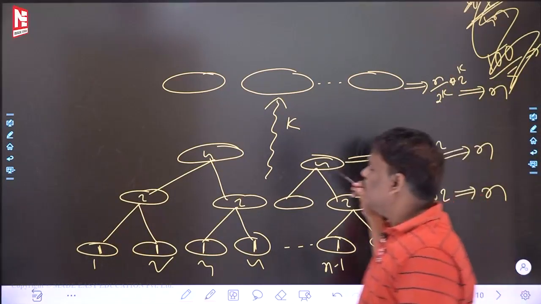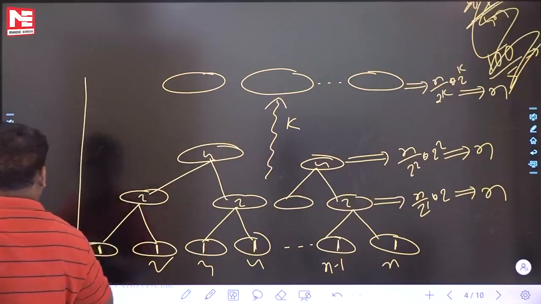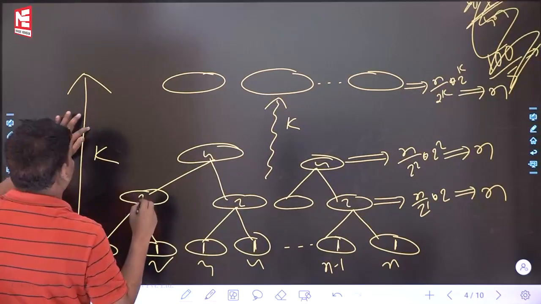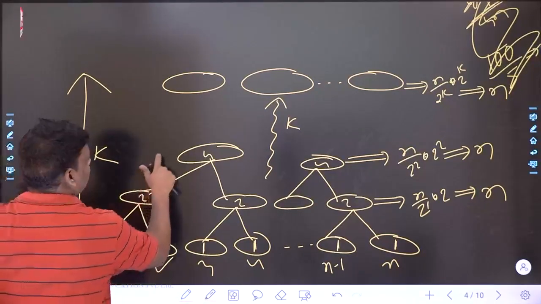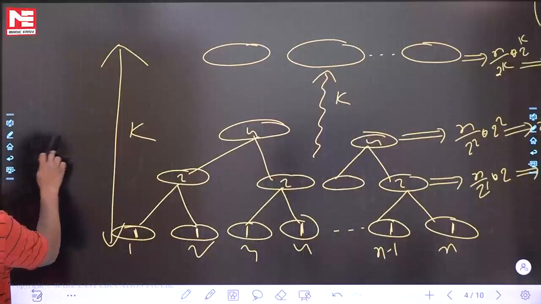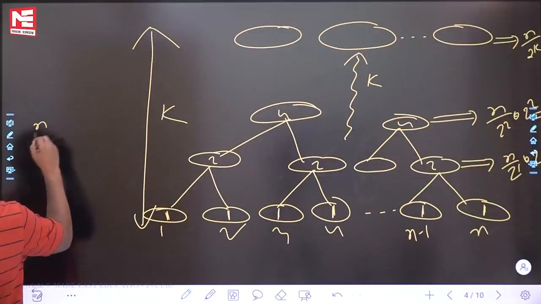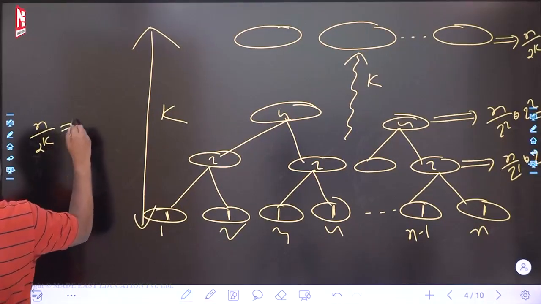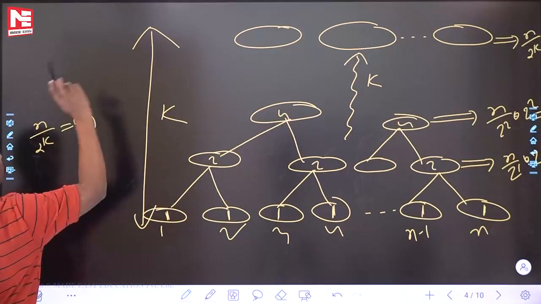Now can you help me? What is the k value? I want the answer from you. You know very well. The k value, see this one. How many groups are there in the last level? N by 2 power k groups are there in the last level. Still I stopped. Why? This value becomes log n, because I want log n sorted subarrays.